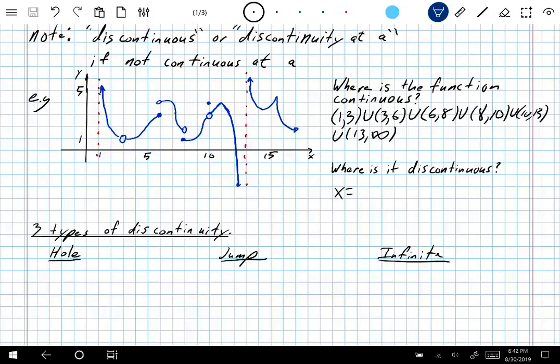So it is discontinuous, however, at 3, 6, 8, 10, and 13. Okay, great. And a lot of times that's how we'll write it, or we'll write this is continuous when x is not those. So hopefully that makes sense.